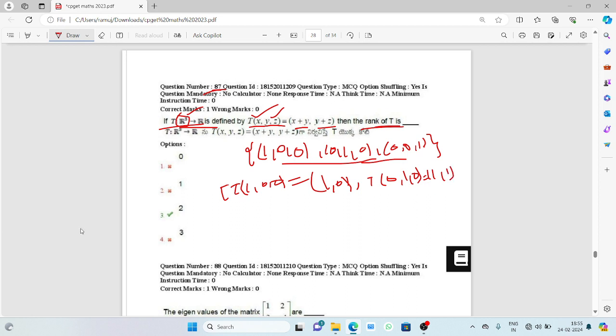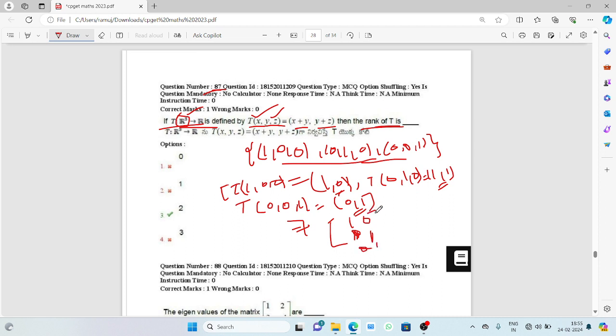And similarly, if you substitute the third one, (0, 0, 1), that will give you (0, 1). So you just write it in the form of a matrix, either in column or row form. The first one is (1, 0), the second one is (1, 1), and the third one is (0, 1). So I am just writing it in the form of a matrix.